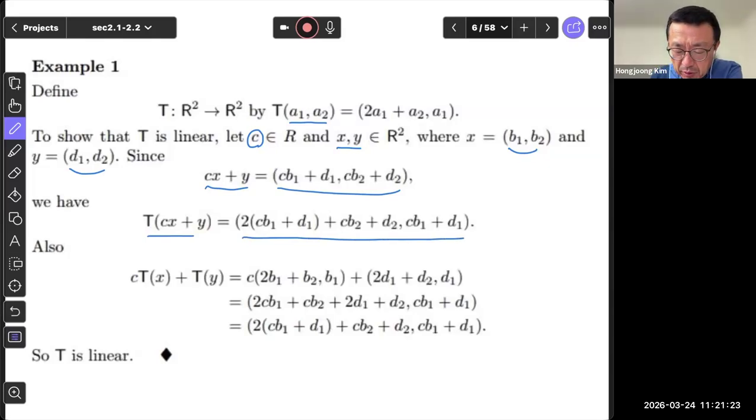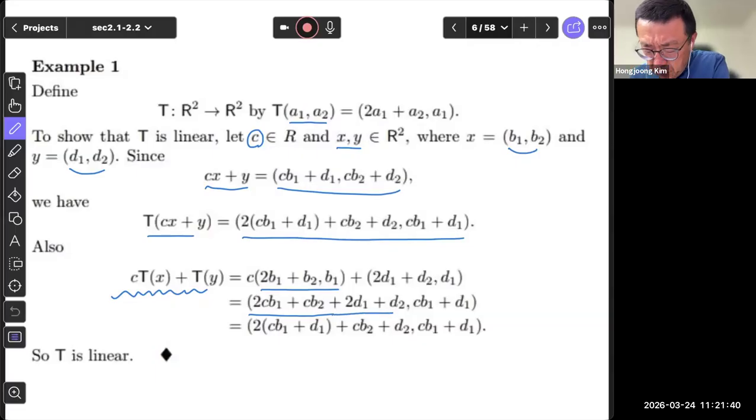Now, if I consider this expression, since T of x is defined by this, c times T of x will give you this.